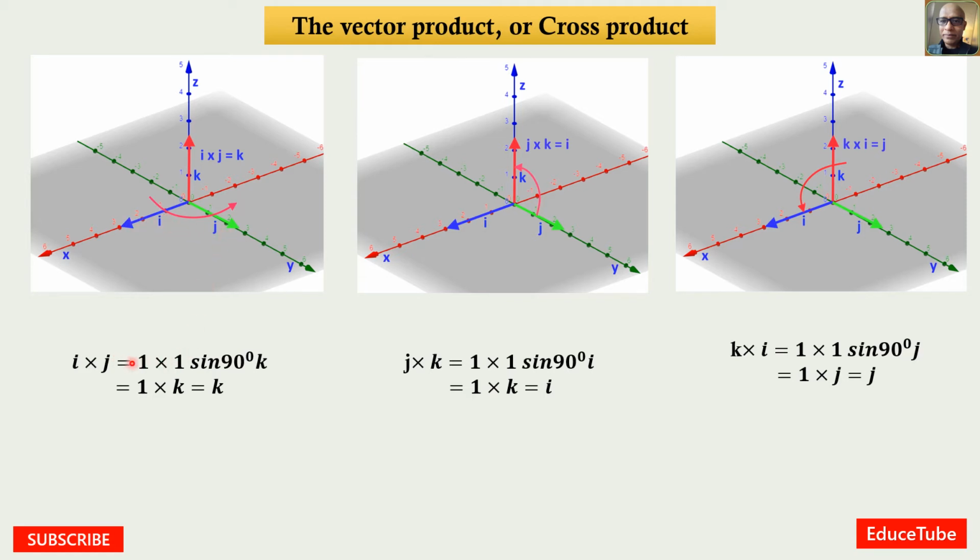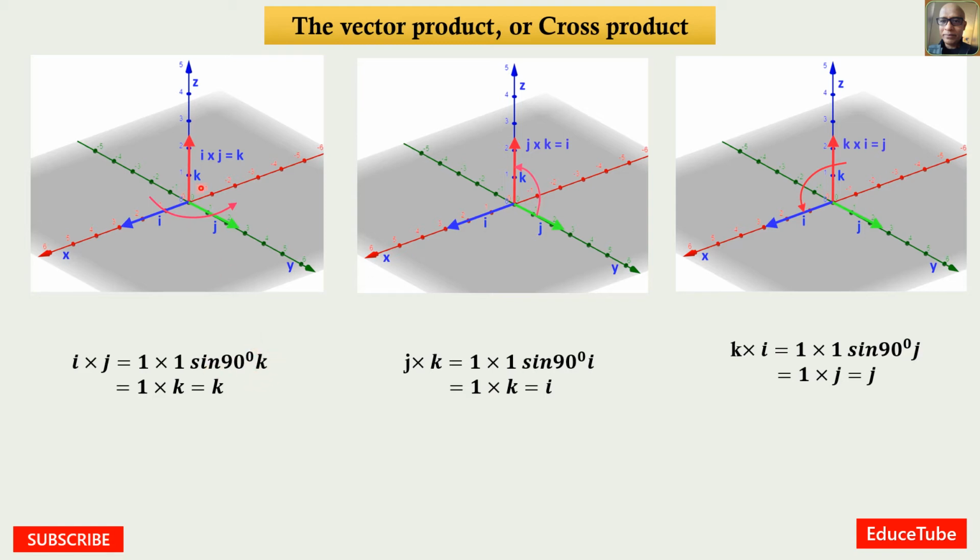What will happen? i is 1, j is 1, and this is 90 degrees, because from here to here, this i vector and j vector, is a 90 degree angle. And there will be a unit vector. In previous slides we already saw sine 90, then e cap.